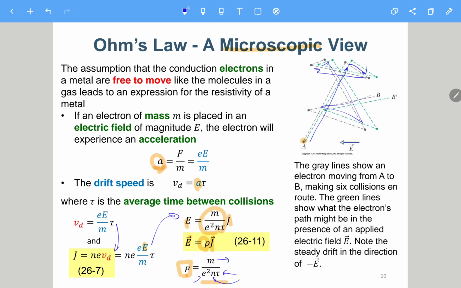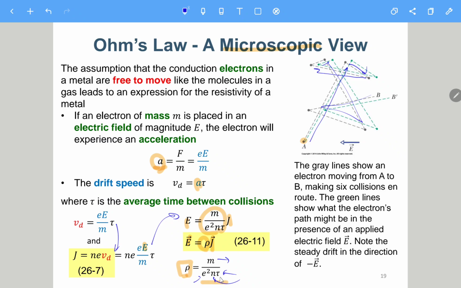And the average time between collisions relates to the material also, because for different materials the distance between atoms will be different, but for a given material the distance between atoms should be similar. So we will also assume that for a given material, tau is a constant. This verifies why this is correct. So given a material, rho should be a constant.